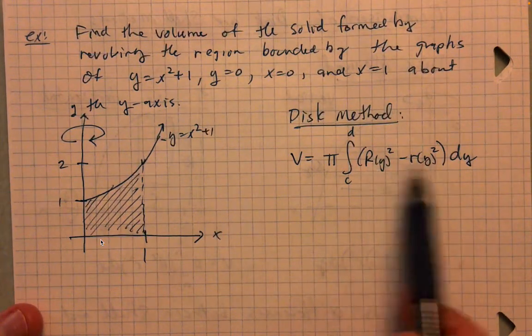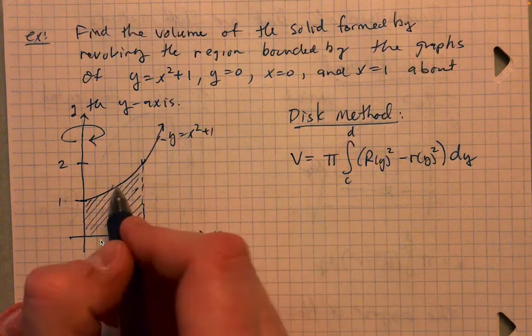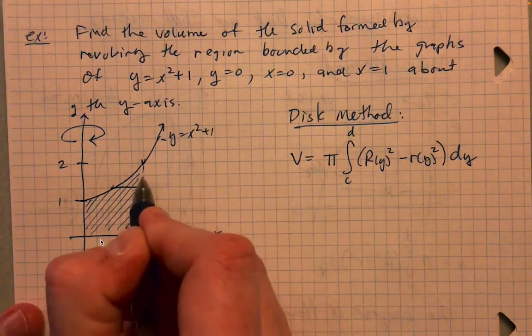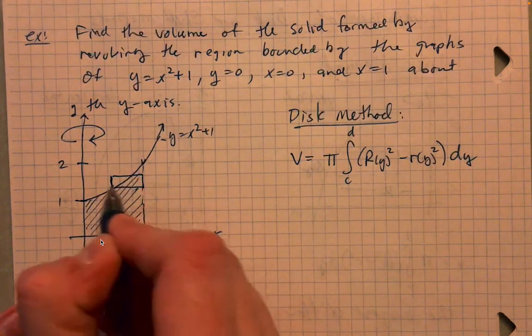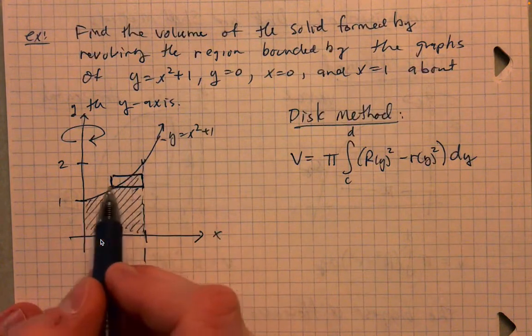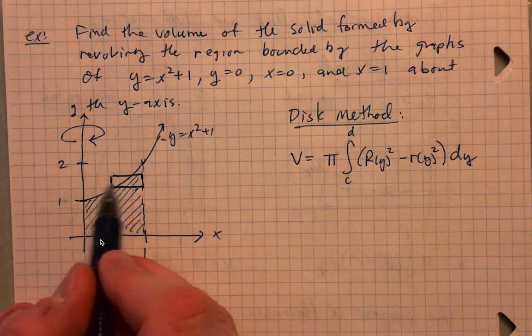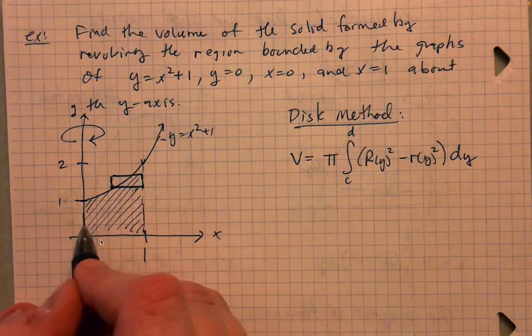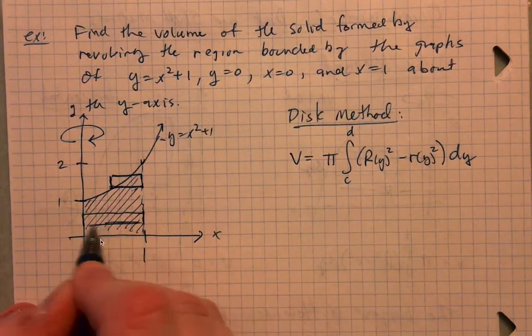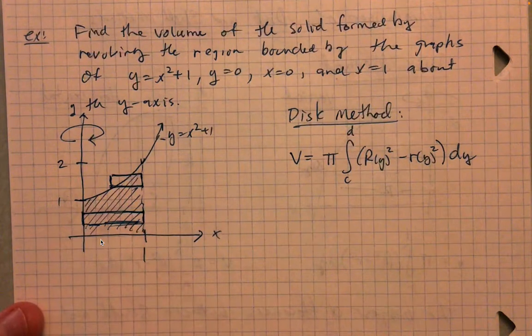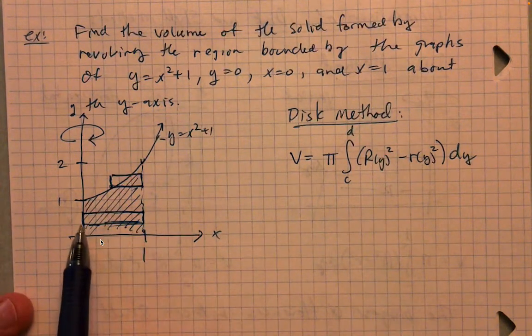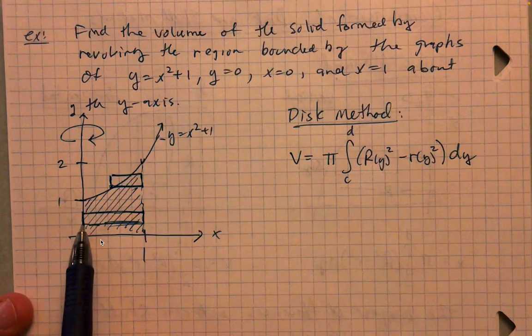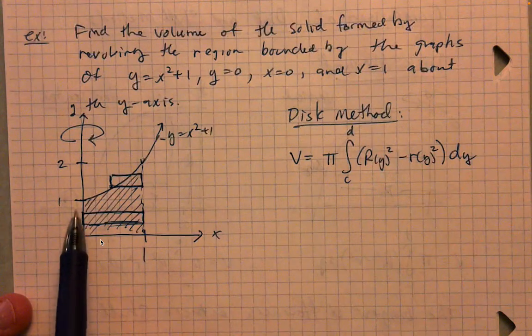Both of them are functions of y, and what ended up happening is that if you have a representative rectangle up here, then your inner radius is going to be different than for a representative rectangle located down in this section of the region. Down here, the inner radius is 0, because the rectangles are butted right up against the axis of rotation, the y-axis.